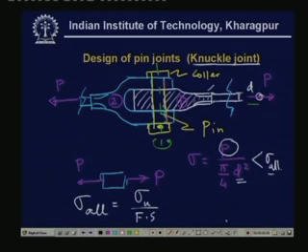Now about the other parts, we will have to break them into different components. First of all, let us see component number 1.